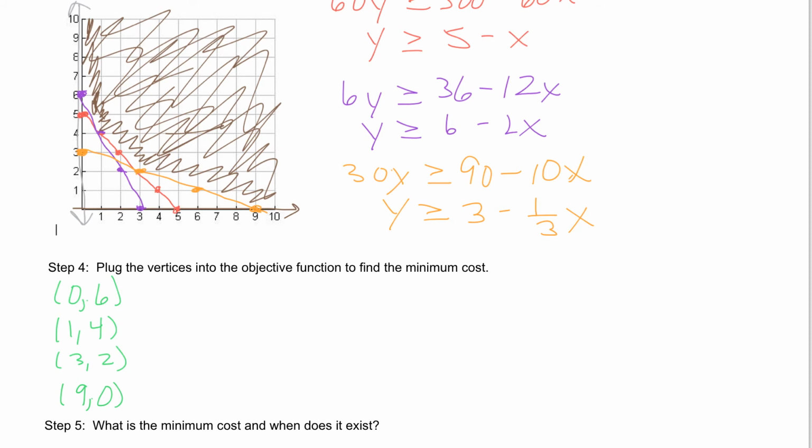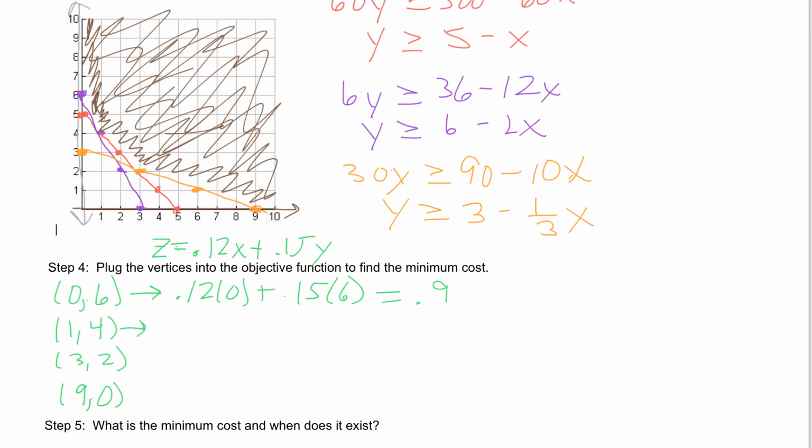Then what I need to do is I need to plug these into my objective function. So my objective function, if you forgot, I'm going to write it up here, was z equals 0.12x plus 0.15y. So let's do that. So if I plug this one in, I get 0.12 times 0 plus 0.15 times 6, and that is going to be equal to 0.9.